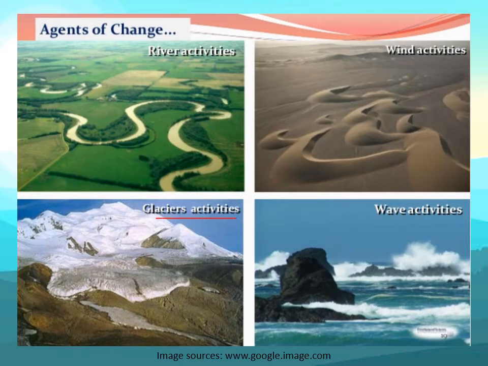The ice and snow cap the hill peaks, and whenever they move downstream due to the action of gravity, they will erode the rock walls in very high proportion. And lastly, the water activity found in the oceans, in marine conditions, that is wave activity. So due to this wave activity, also different kinds of landforms are found on our surface.